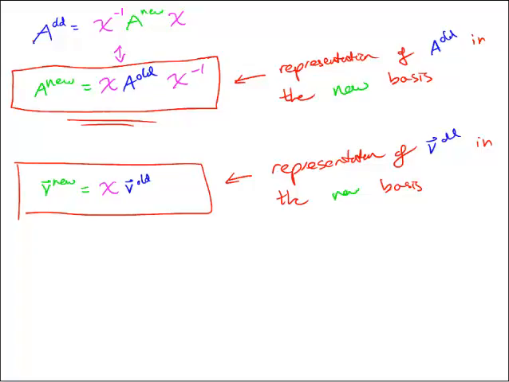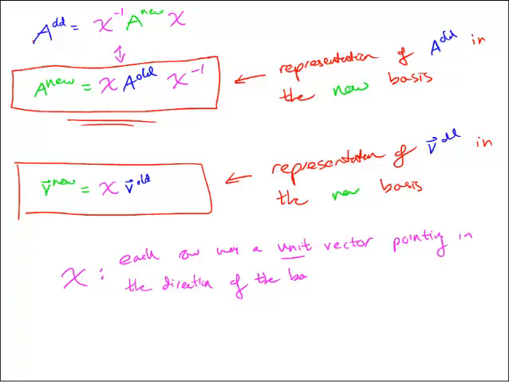And just to recall, X was composed such that each row was a unit vector, so a vector with length 1, pointing in the direction of an axis in the new basis. And so we did all of this in 2 dimensions, but these equations hold no matter if you have 3 dimensions, 4 dimensions, or even an infinite number of dimensions. So that is how you change bases.